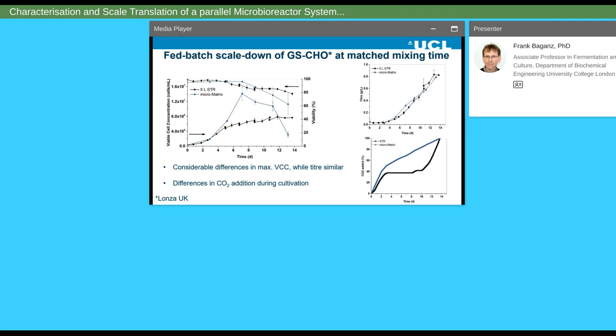By contrast, in the 5-liter stir tank reactor, CO2 addition stopped after 3 days due to lactate formation. Further acidification is counteracted by base addition. When lactate is consumed towards the end of the run, CO2 addition started again as shown in the graph.